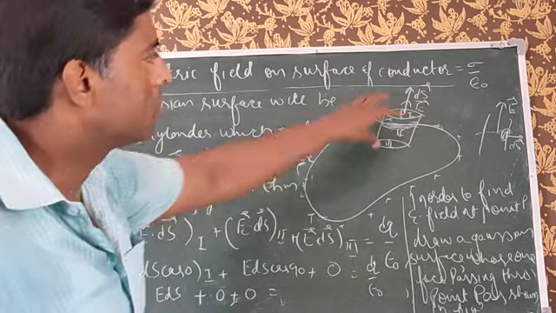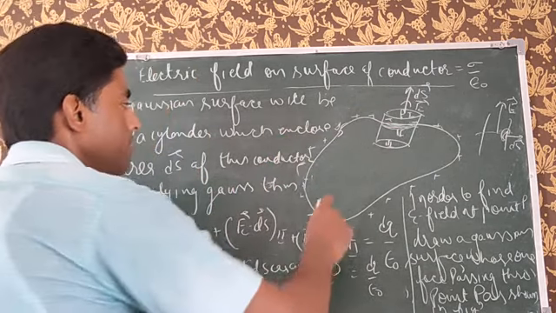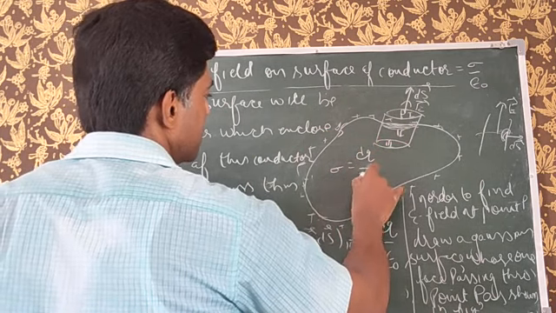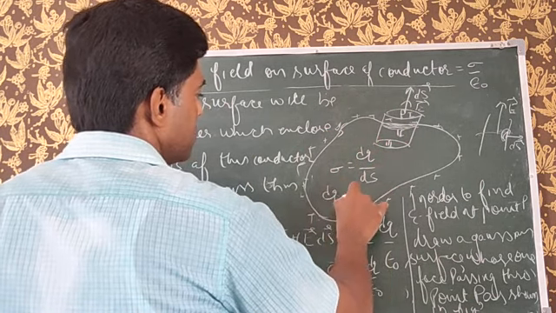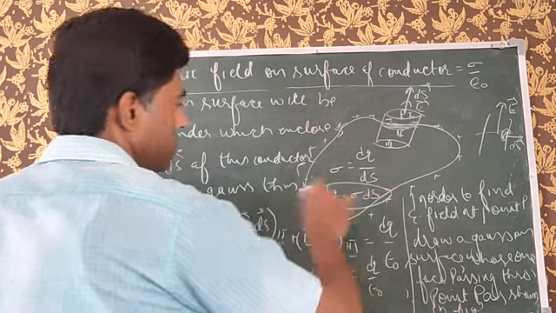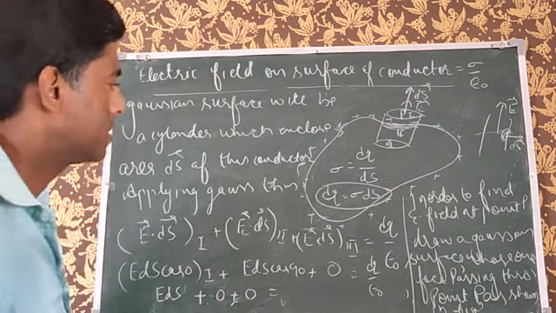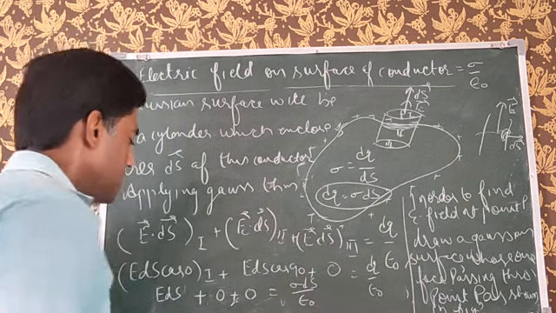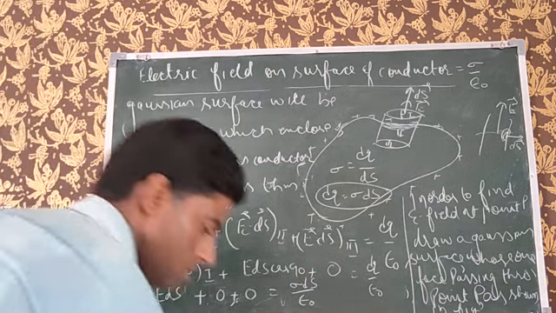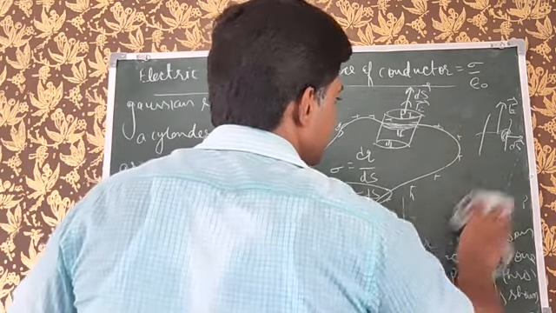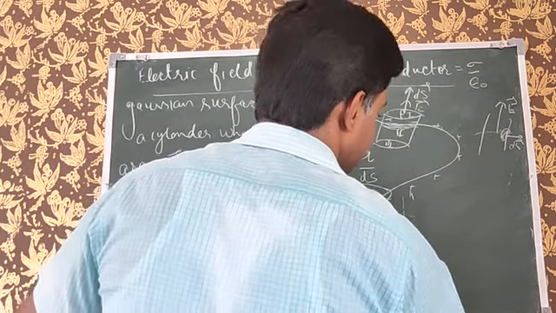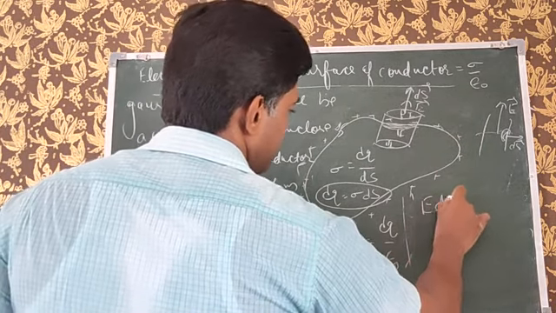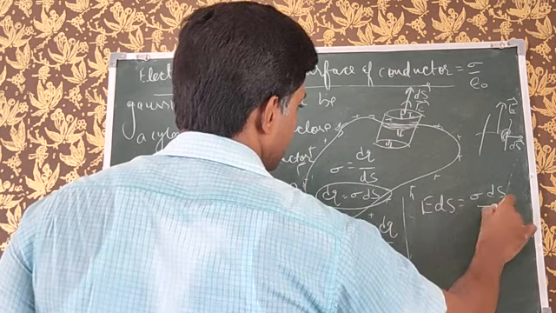dq is the charge enclosed by this cylinder, and we know surface charge density is equal to charge enclosed per unit area, so charge is equal to sigma into ds. So we will use this definition here, so dq is equal to sigma ds over epsilon naught. Now solve this equation. We get E ds is equal to sigma ds over epsilon naught.